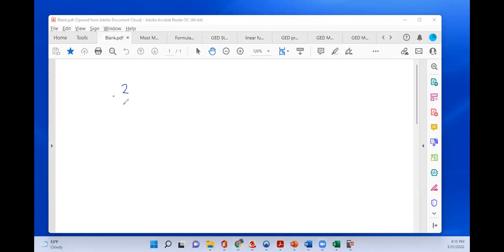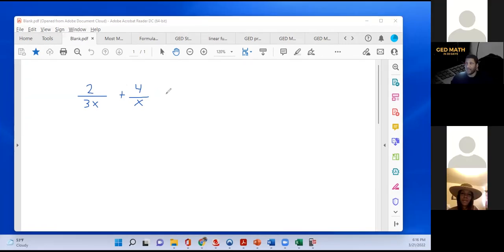2 over 3x plus 4 over x. Mr. Tinsley asks, how would I do that problem? Remember, you look at them, they're fractions. They must have a common denominator, so the denominator has to be the same. In the first term, what is the denominator? 3x and x.